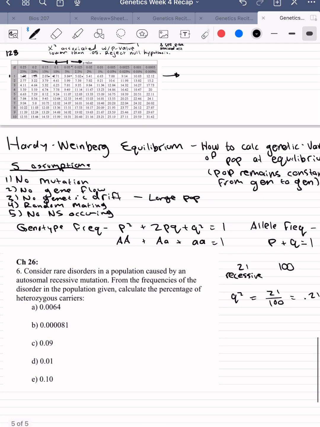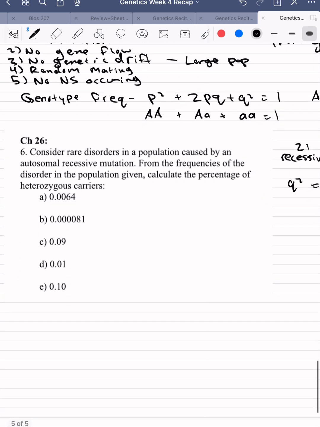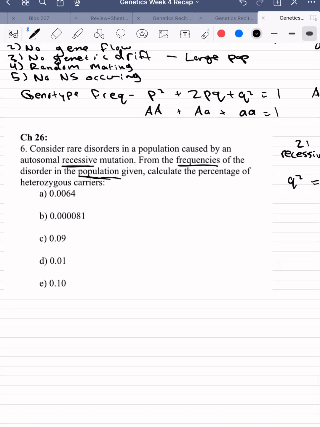Now, onto the problem. We're going to do part A. Consider a rare disorder in a population caused by an autosomal recessive mutation. From the frequency of the disorder in the population given, calculate the percentage of heterozygous carriers. We're given the frequency of this disorder in the population, which means we were given q squared.